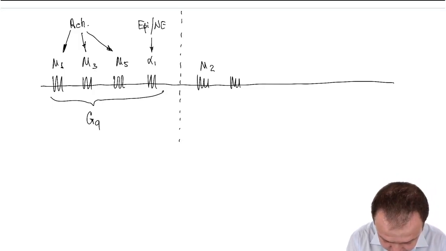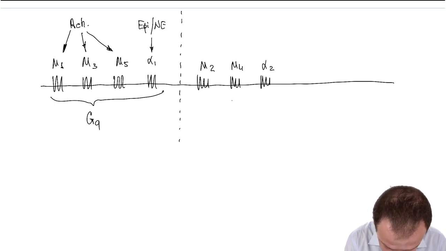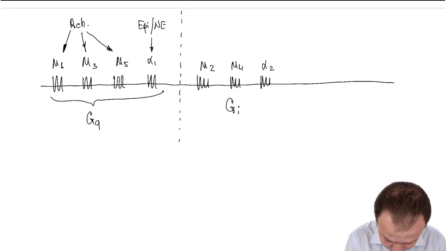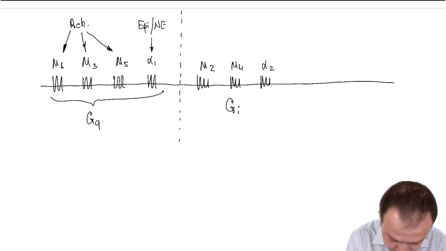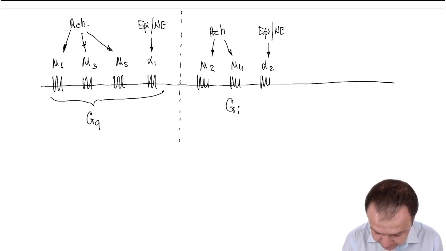M2, M4, and alpha-2 receptors are coupled with Gi, or G inhibitory protein. Again, acetylcholine is a ligand for M2 and M4, and epinephrine and norepinephrine are ligands for alpha-2 adrenergic receptors.